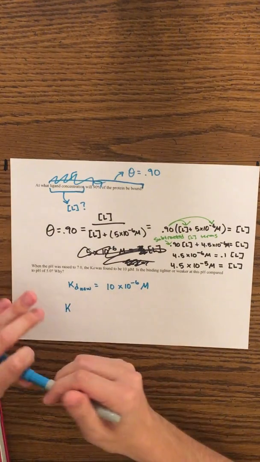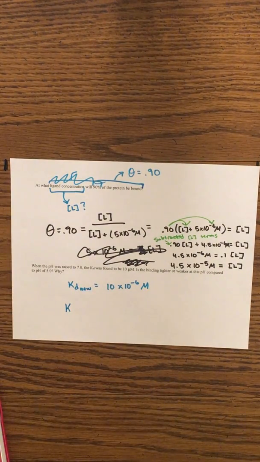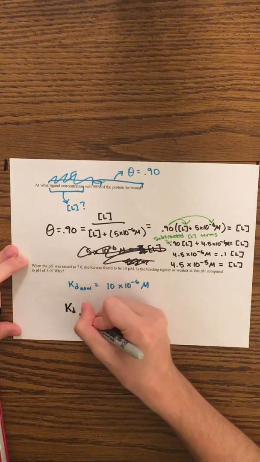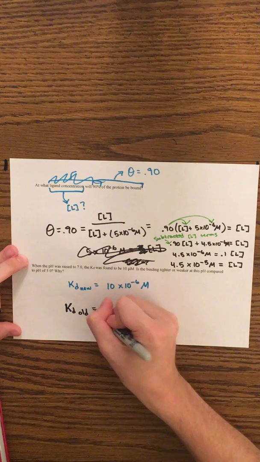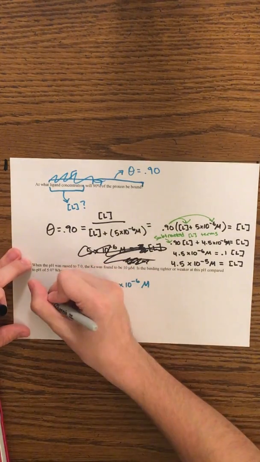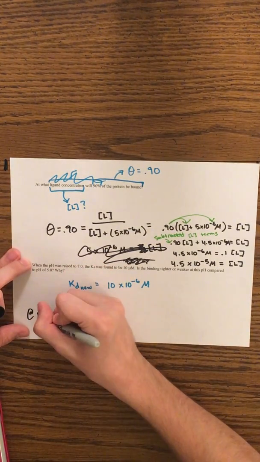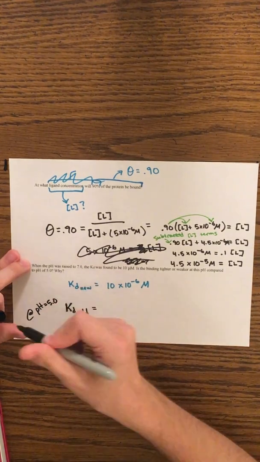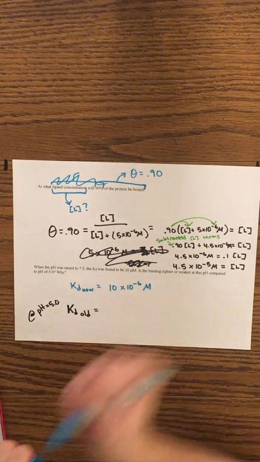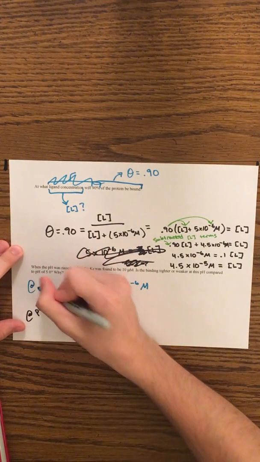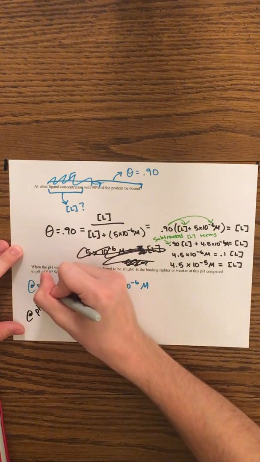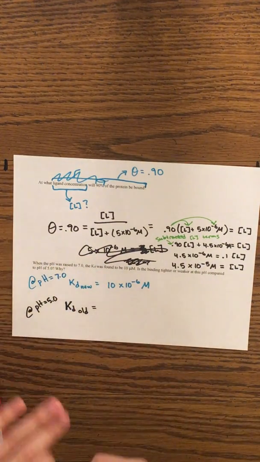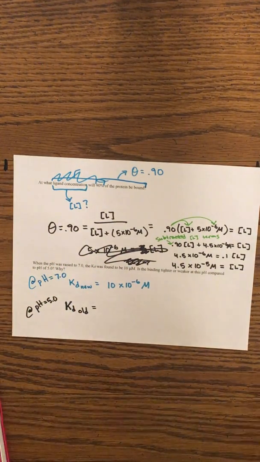So just to refresh our memory here, our old KD, or our KD at pH 5.0, and this is in blue just because it's what was given to us in the problem.